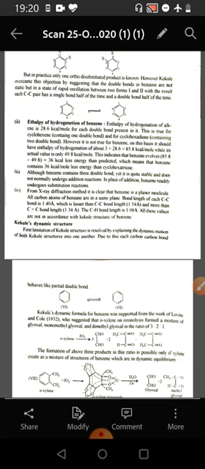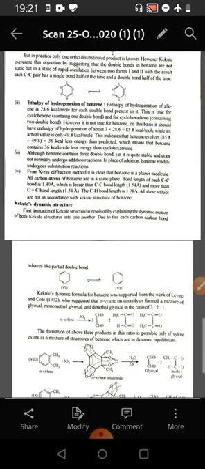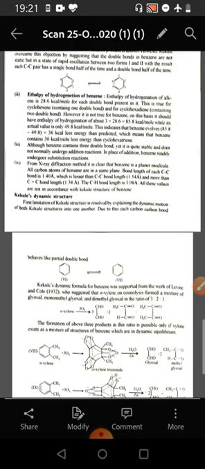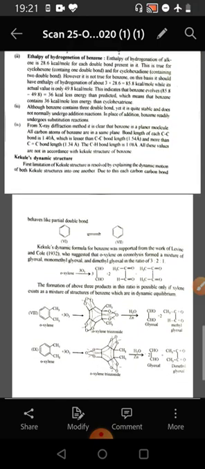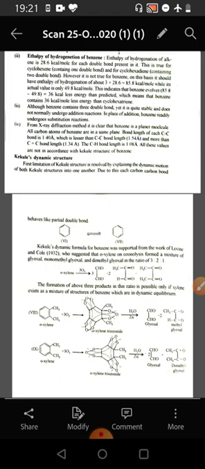Although benzene contains 3 double bonds, yet it is quite stable and does not normally undergo addition reactions. In place of addition reactions, benzene readily undergoes substitution reactions. From the X-ray diffraction method, it is clear that benzene is a planar molecule and all carbon atoms of benzene are in the same plane.